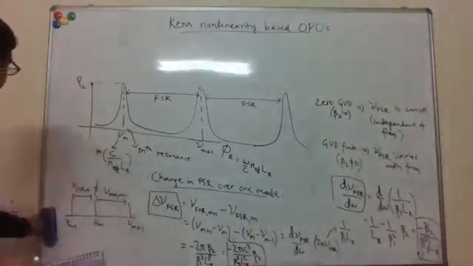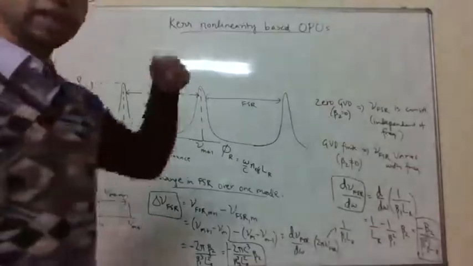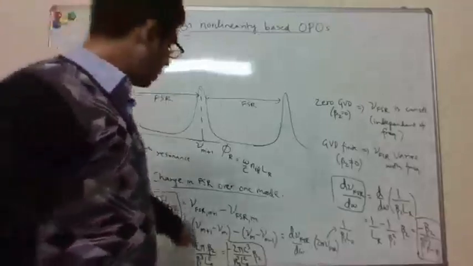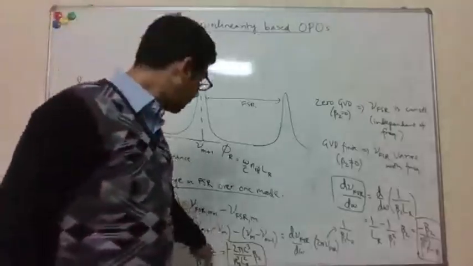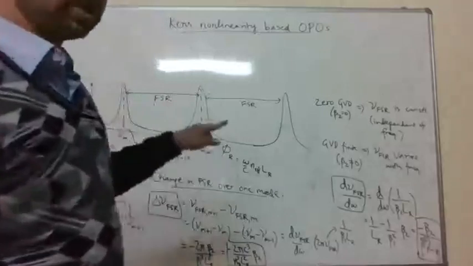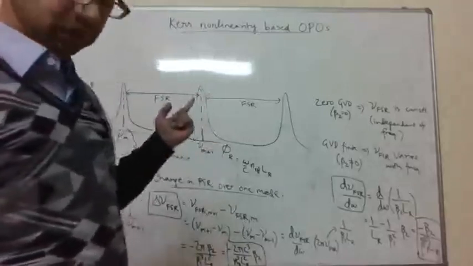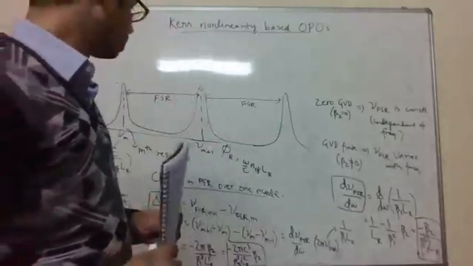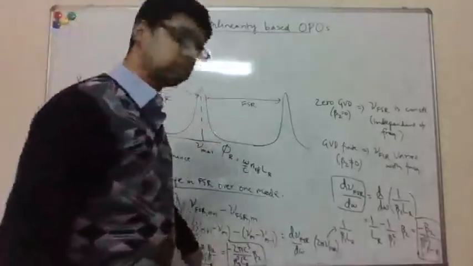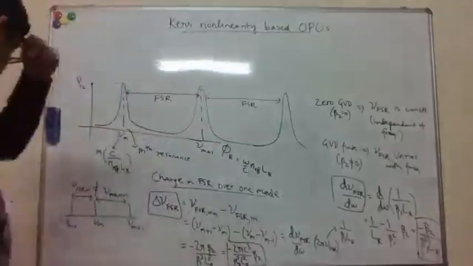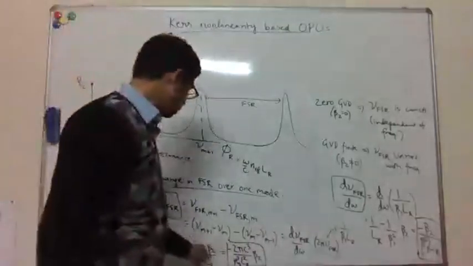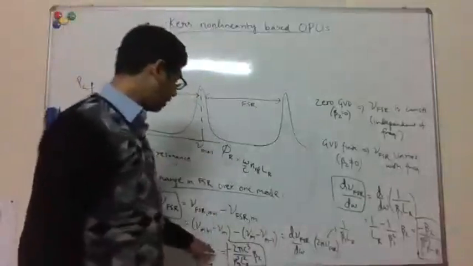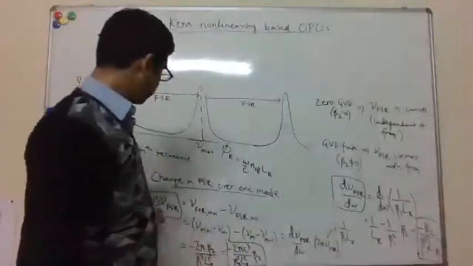Recall that for phase matching of the 4-wave mixing process, we wanted anomalous dispersion, so beta 2 negative.